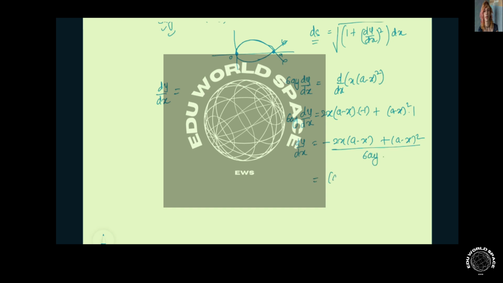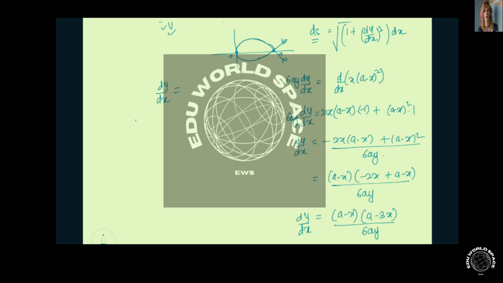So we can take (a − x) common, and here we get (a − x)(−2x + a − x) over 6ay, and this gives us (a − x)(a − 3x) over 6ay. This is our dy/dx. Now let's obtain the value of y, since we need that in our function.